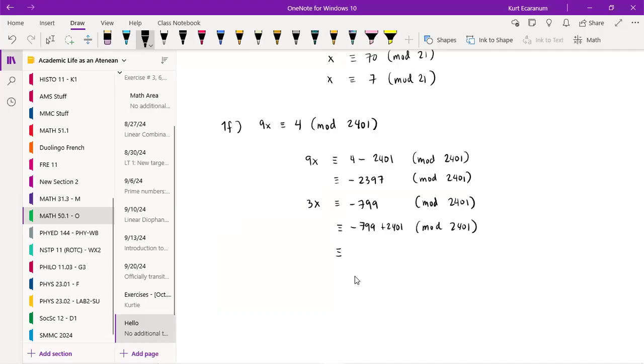Magka-calculator lang ako. 1602. So 1602 mod 2401. And hooray! 1 plus 6 plus 2 equals 9. This is divisible by 3. And so, 1602 divided by 3 would be 534.